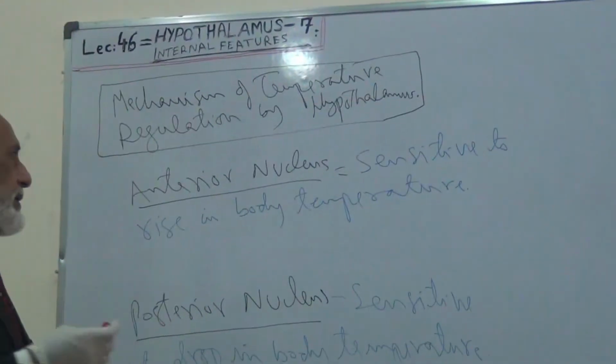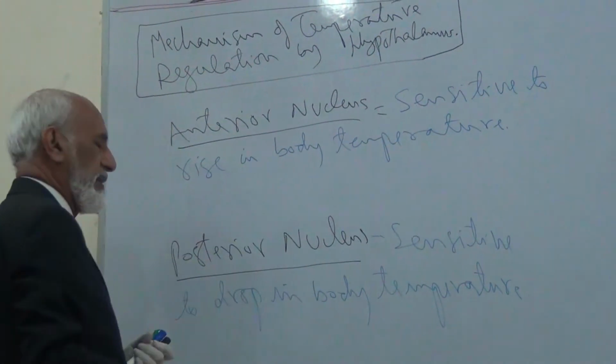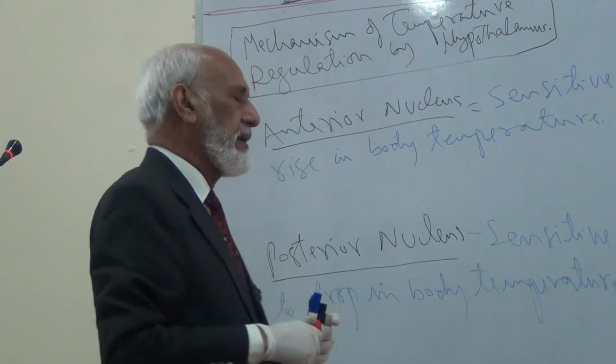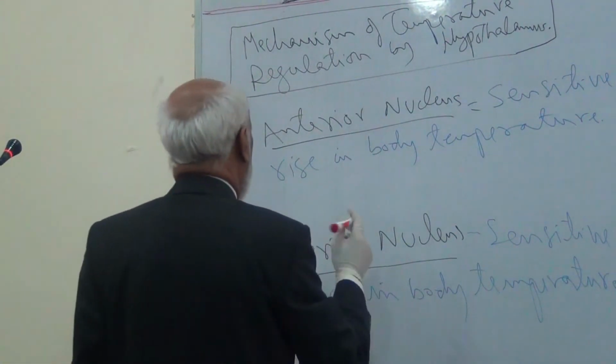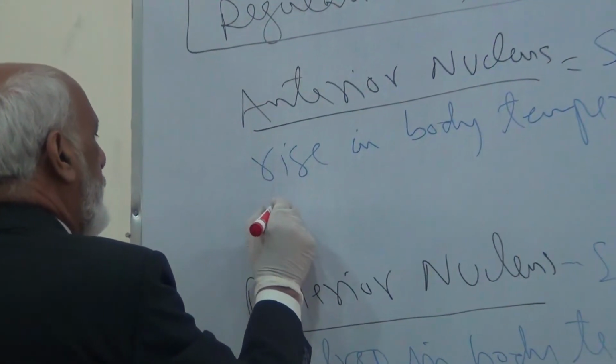Thus, when the body temperature is high, the anterior nucleus is stimulated and the anterior nucleus reduces body temperature.